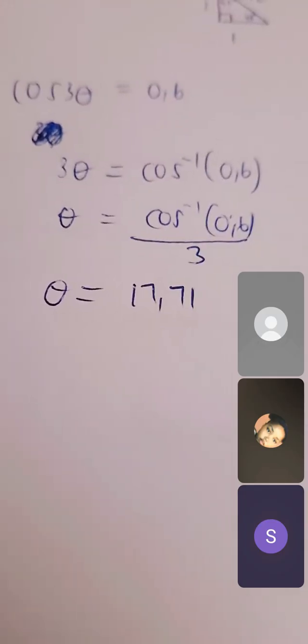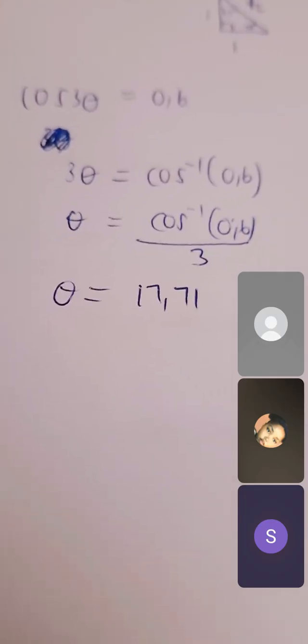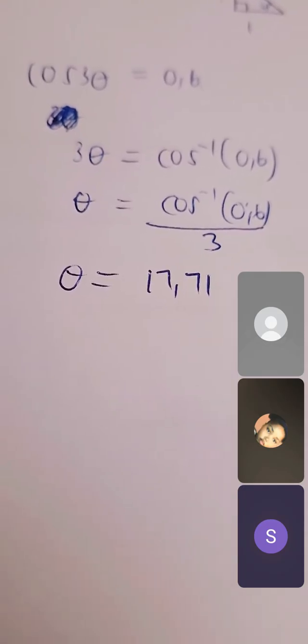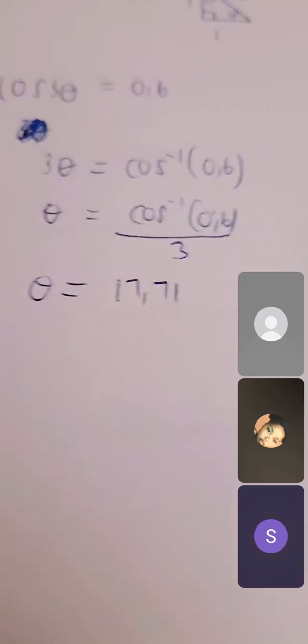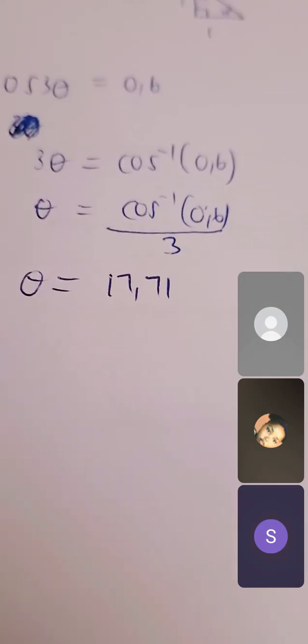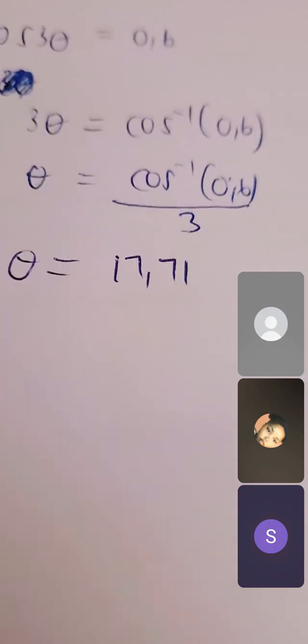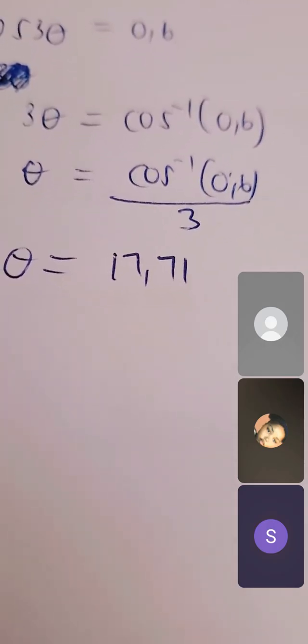So that means it's a non-recurring and non-terminating decimal. Then that whole entire value is the one you need to divide by 3. And then you only round off at the end.